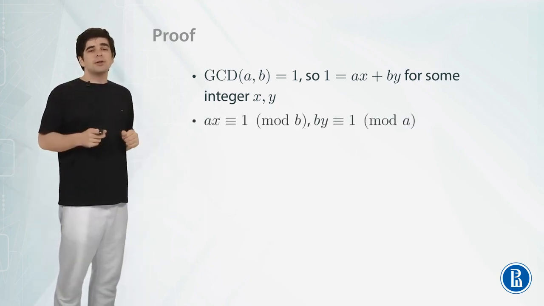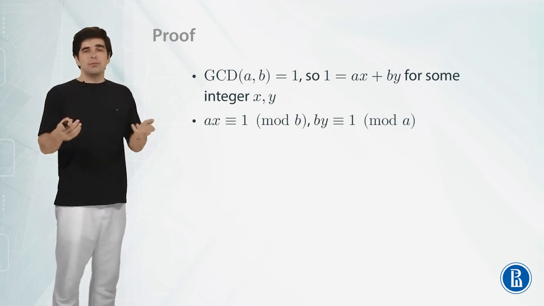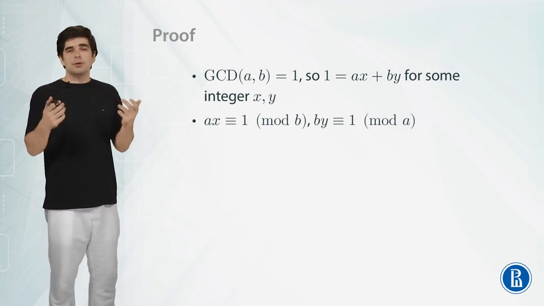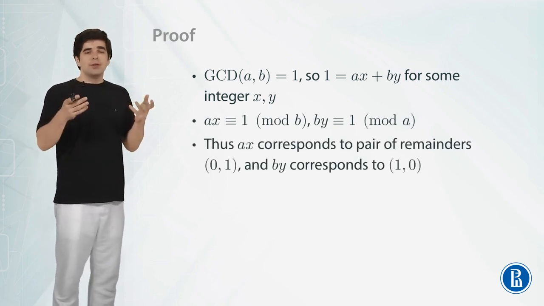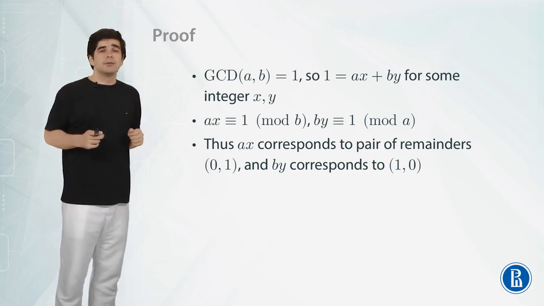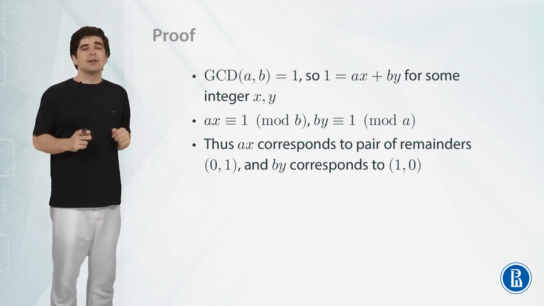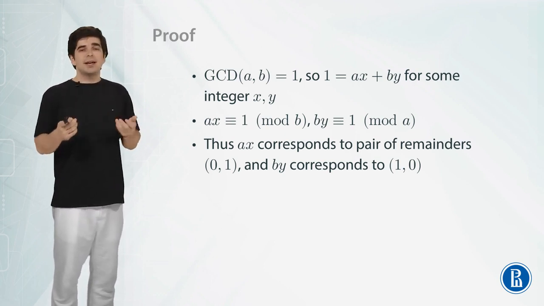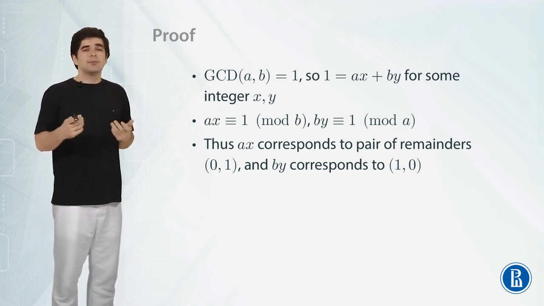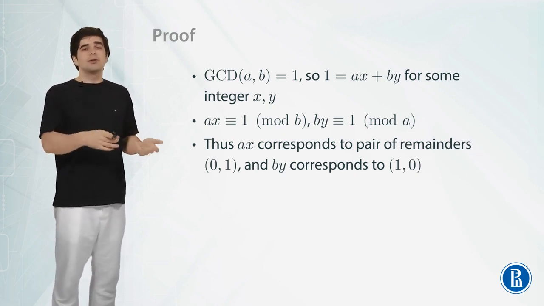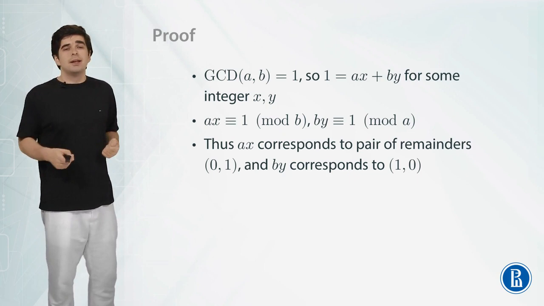From this it follows that ax is equal to 1 modulo b and by is equal to 1 modulo a. So these two equalities already give us some pairs of remainders. In particular, ax corresponds to the pair of remainders 0 and 1, because a divides ax, so the remainder of ax modulo a is 0, and the remainder of ax modulo b is 1 because ax is equal to 1 modulo b.